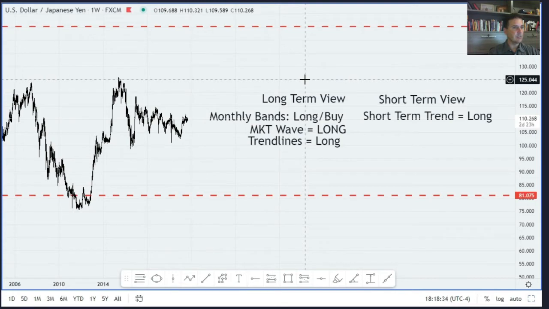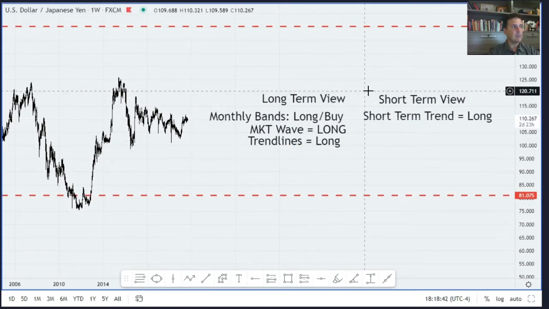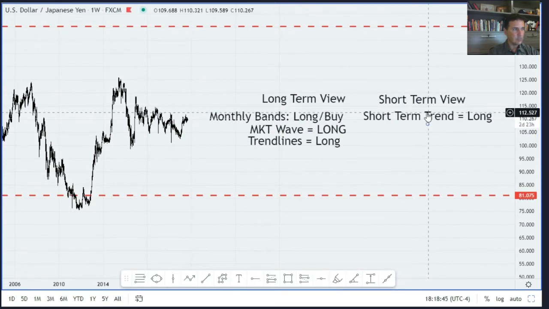What might be long term on the monthly chart and what might be short term on the monthly chart might not be on the weekly, on the daily, and all the other small time frames.